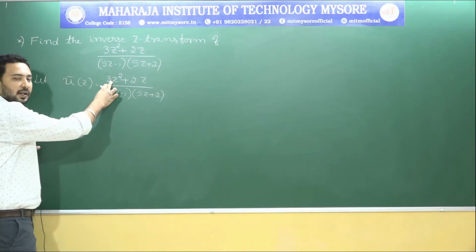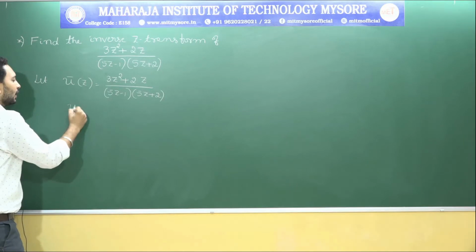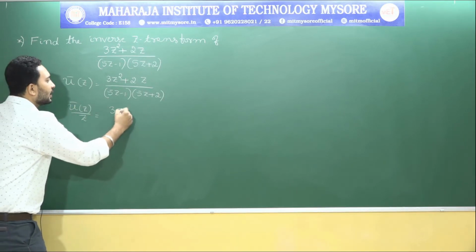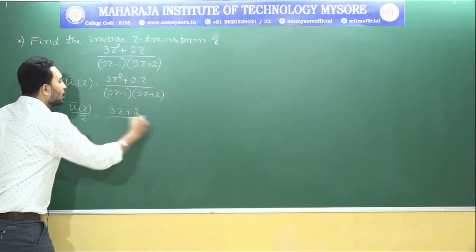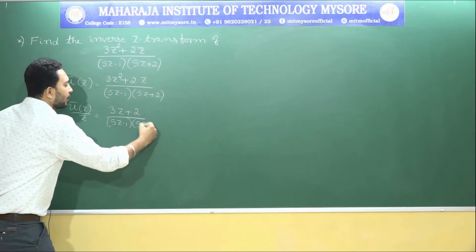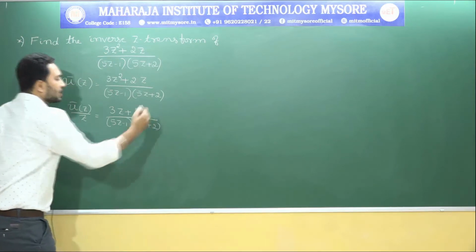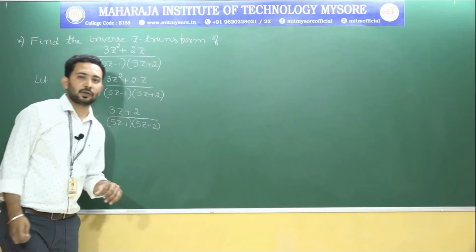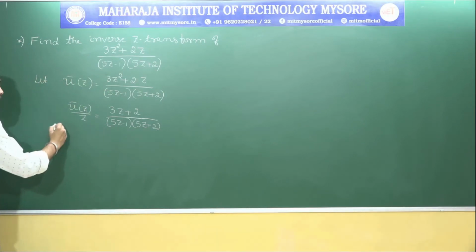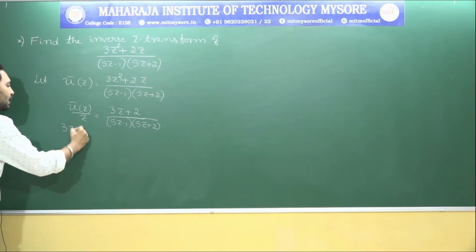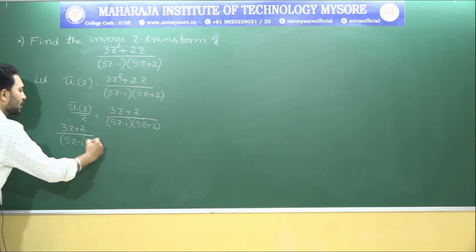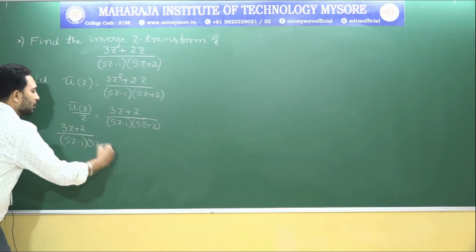If I take Z common and take that Z to the left side, we can write this as U bar Z by Z equals 3Z plus 2 divided by 5Z minus 1 into 5Z plus 2.